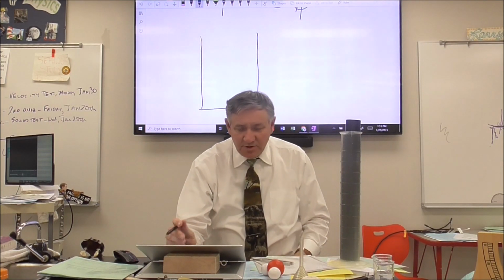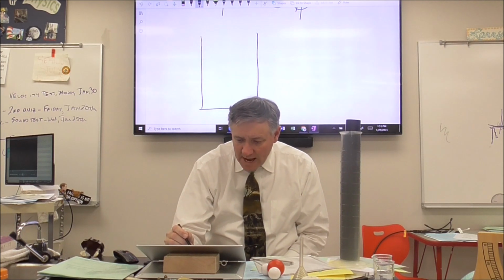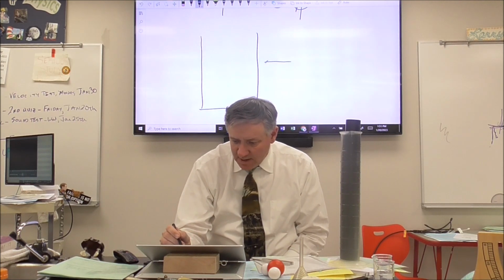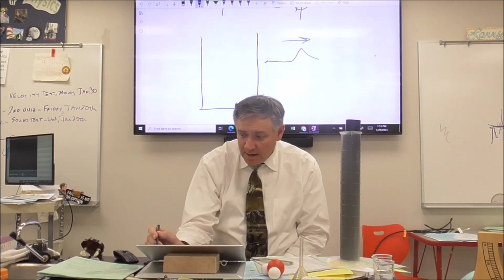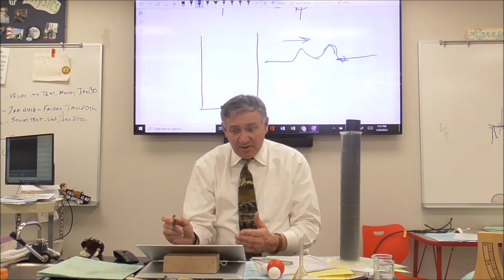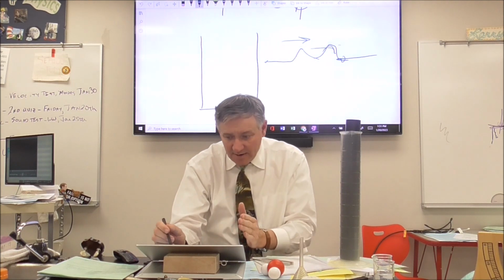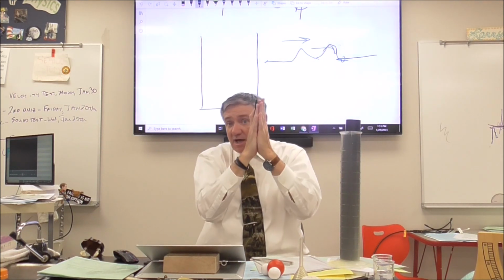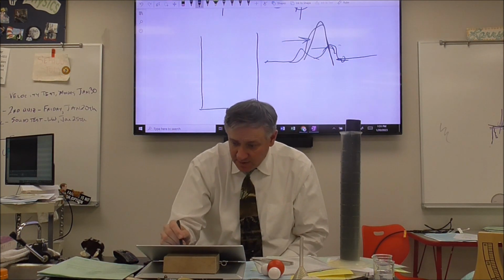Okay, so when you have constructive interference, I send a wave going down like this, and you send a wave coming down in this direction. You have the wave crest on both sides of the string, and when they meet, they're going to reinforce each other.